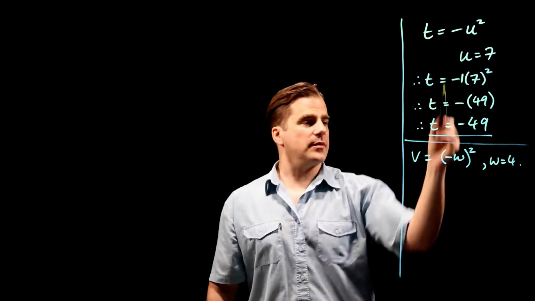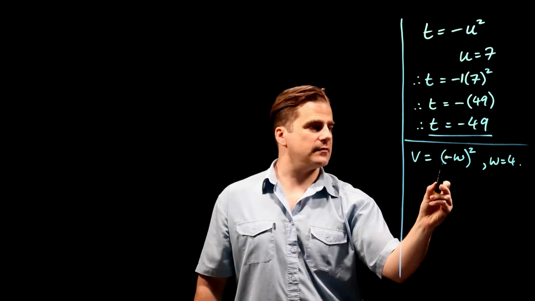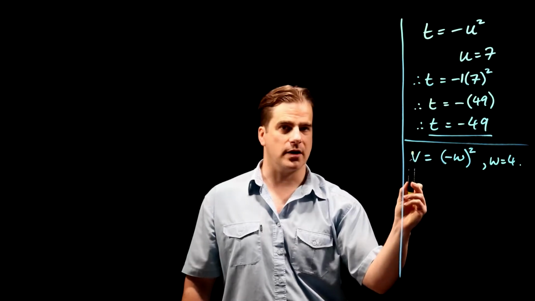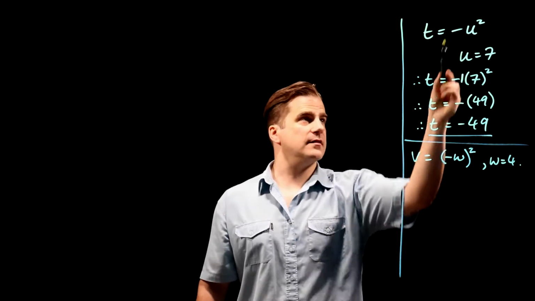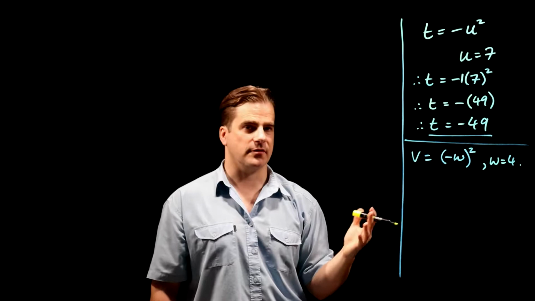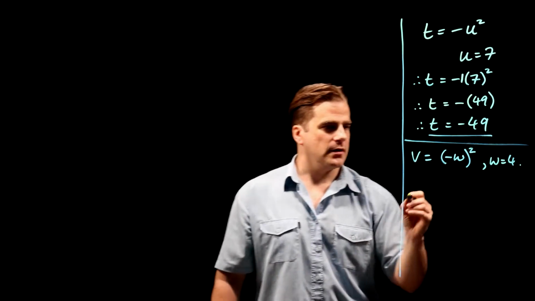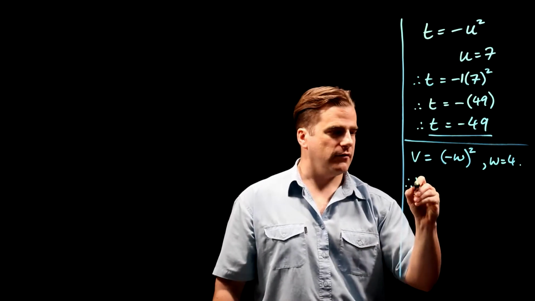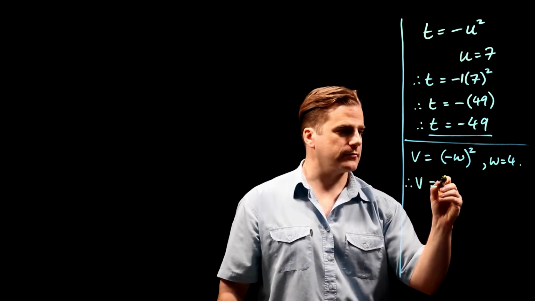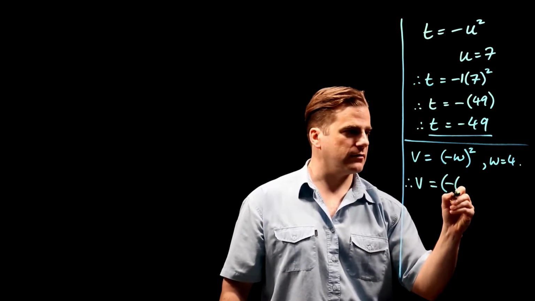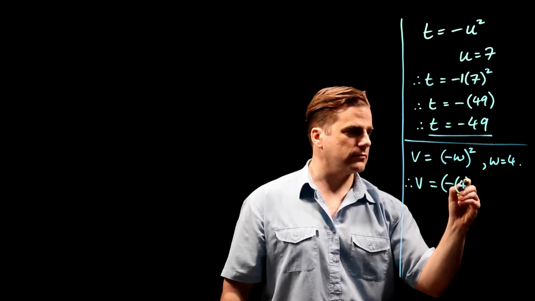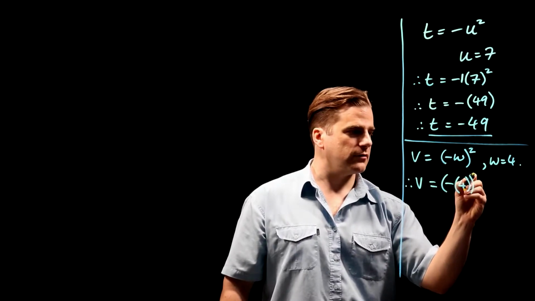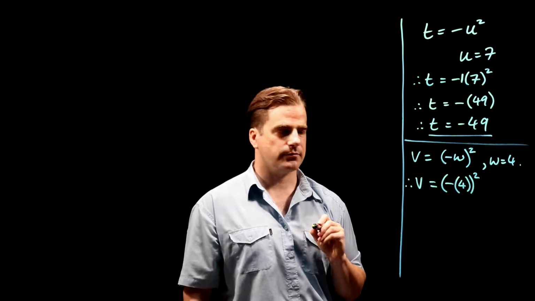So these are different because the brackets here surround the minus as well. So it's important to realise that these are two different types of expression. Okay, sub in the value of 4. V is equal to minus 4 squared. Okay.